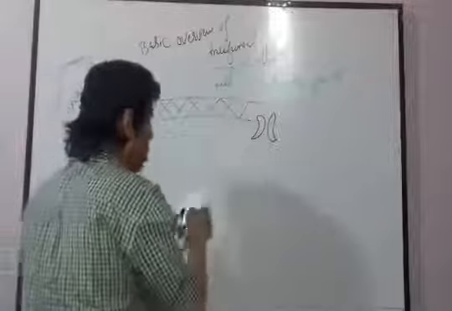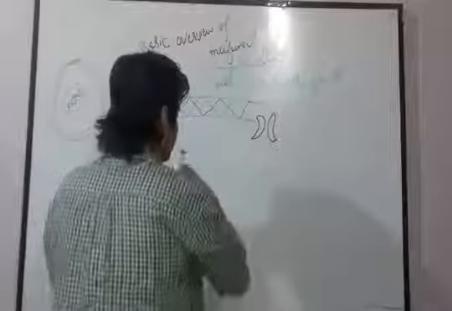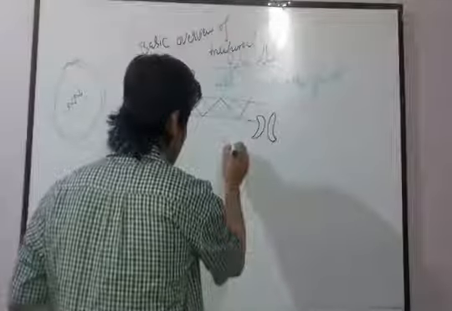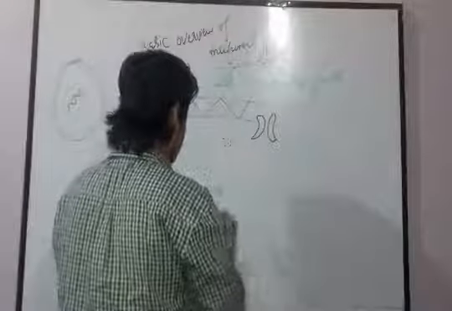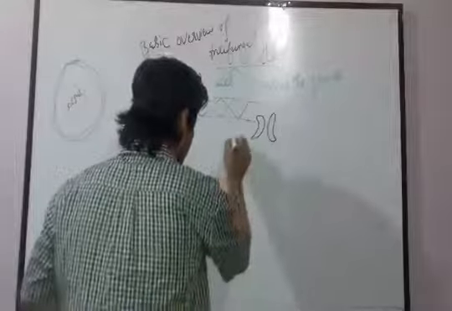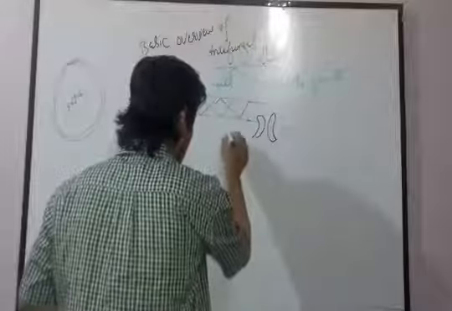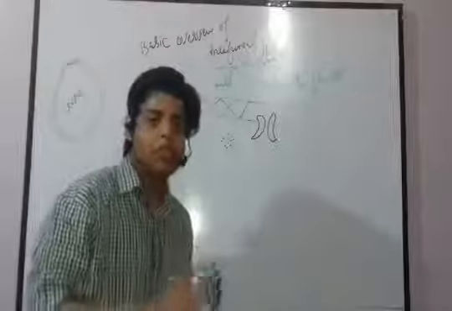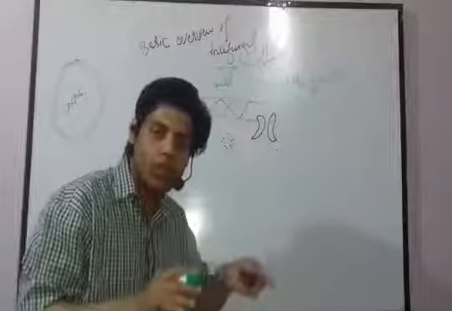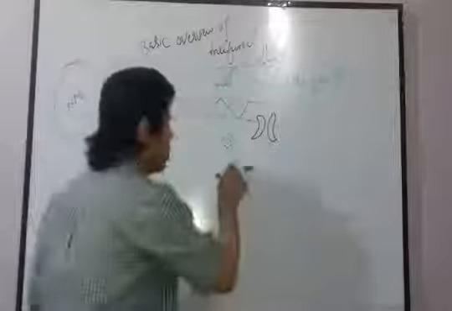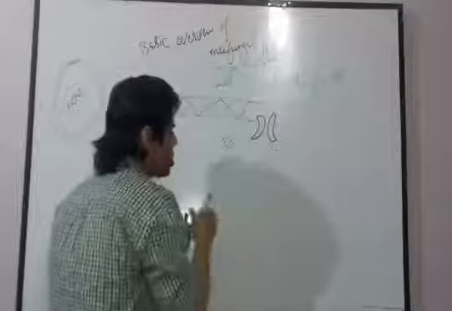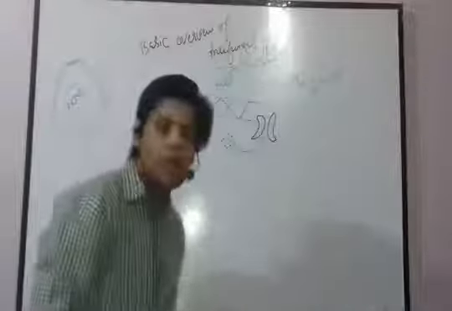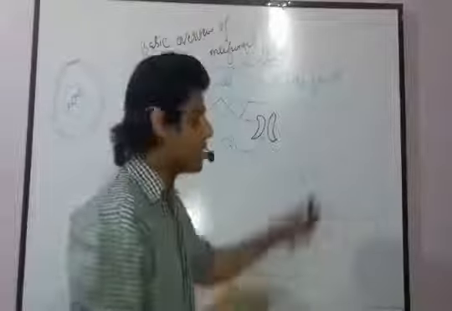There will be small molecules, let me draw them here, and also with the green marker. These small molecules we call immature beta 1,3 and beta 1,6 glucan. These immature beta 1,6 and 1,3 glucans will pass through the enzyme we call beta glucan synthetase enzyme.